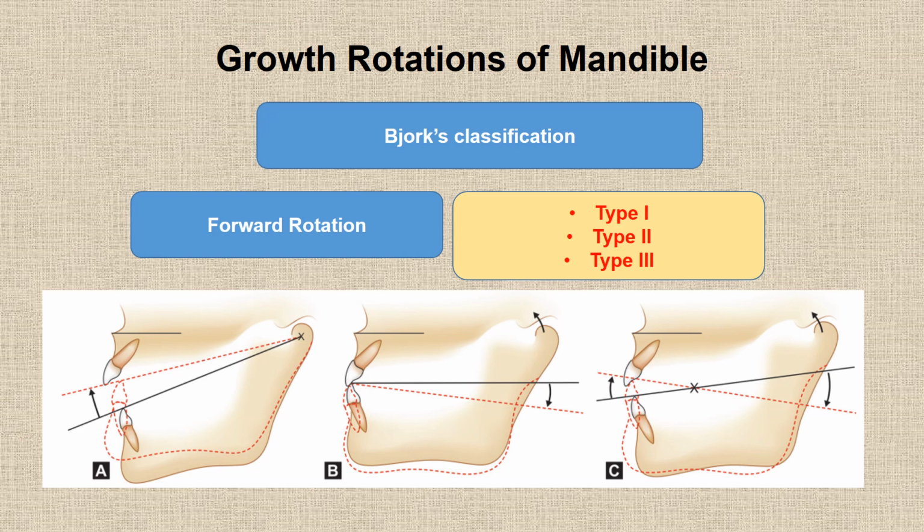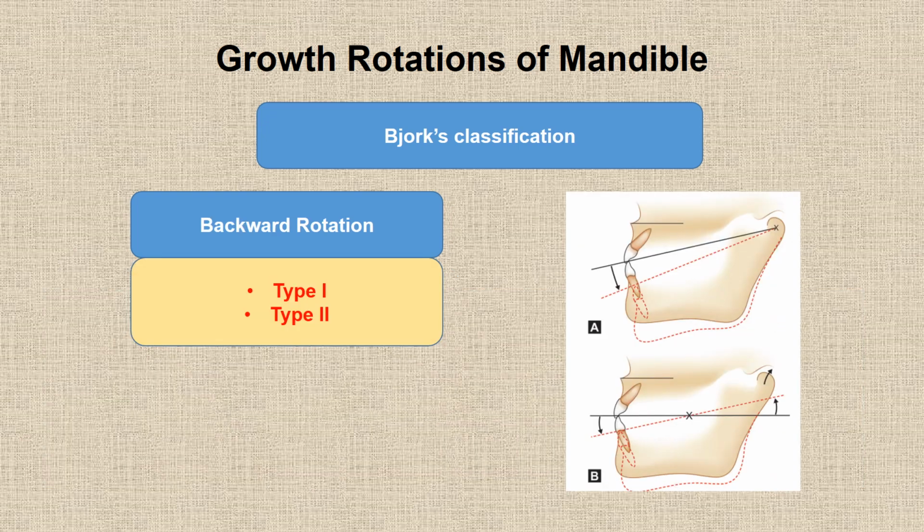In type 2, the fulcrum of rotation is on the incisal cortex. And in type 3, the fulcrum is on the premolar tooth. Now, backward rotation, there are two types. Type 1, the fulcrum of rotation is in the condyle, and type 2, the fulcrum of rotation is in the premolars.